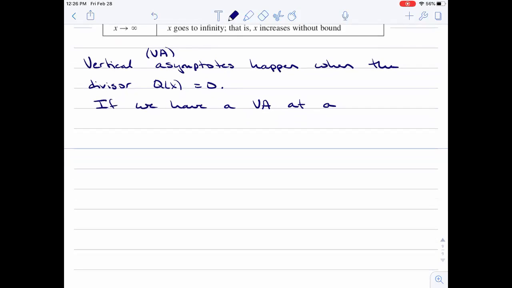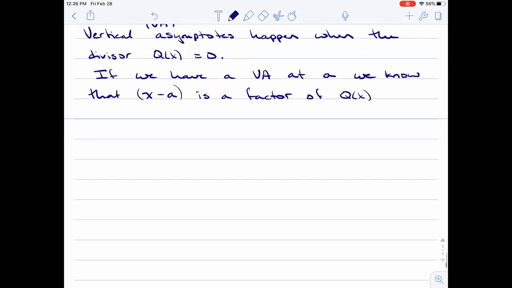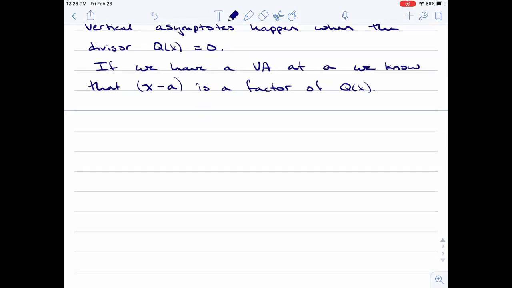So if we have a vertical asymptote at A, we know that x minus A is a factor of q of x. In fact, if it's the only asymptote, then usually q of x is just x minus A. To summarize, just saying the same thing but in a different way so that it hopefully makes sense.